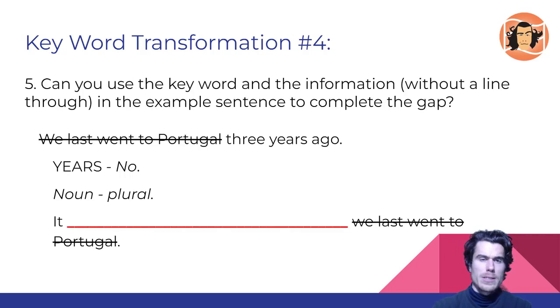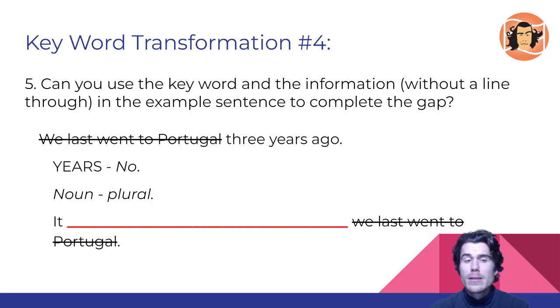Okay, step 5. Can you use the keyword, years, and the information without a line through in the example sentence, so that's 3 years ago, to complete the gap? Pause this video and try and complete the gap using the keyword and the words they've given us, which we haven't put a line through, to complete the gap.